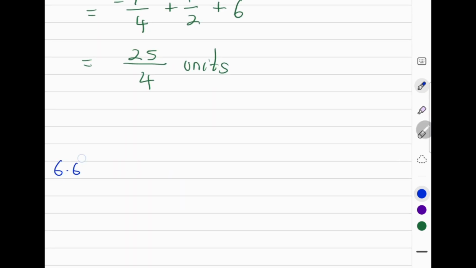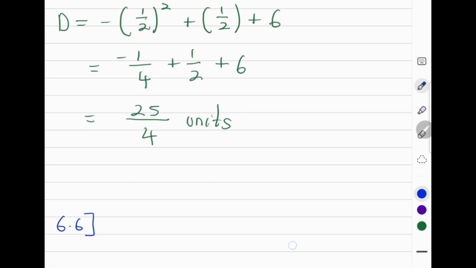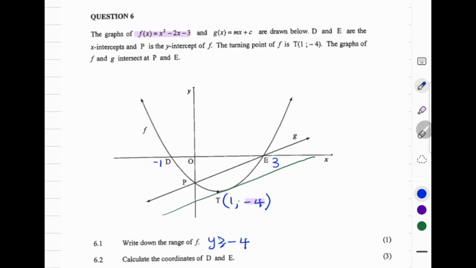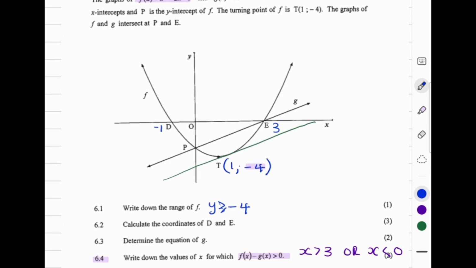That is 6.6. But before I get there, because we want k of x to be a tangent, meaning that at that particular point the two graphs are equal, they have the same x value and the same y value at the point where k of x is a tangent to f of x.